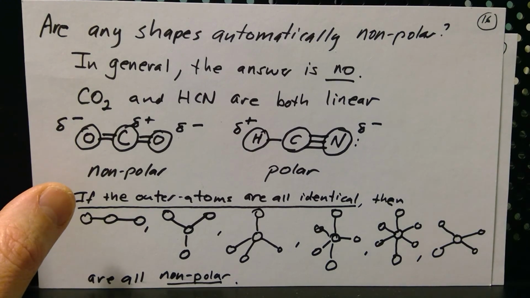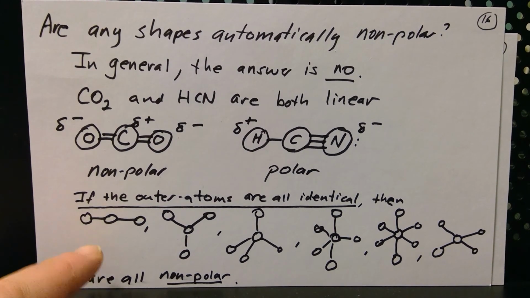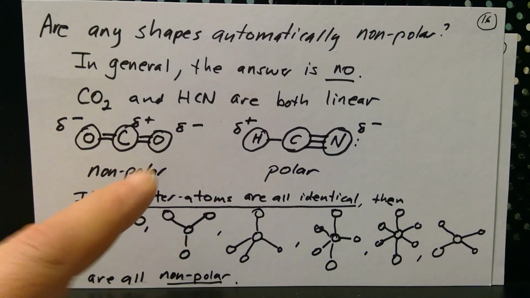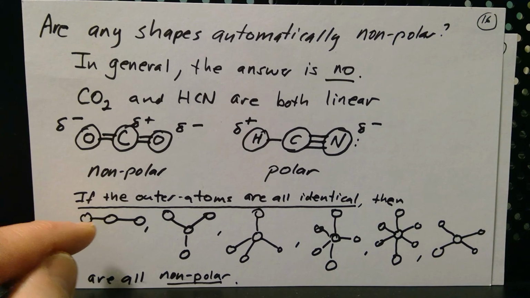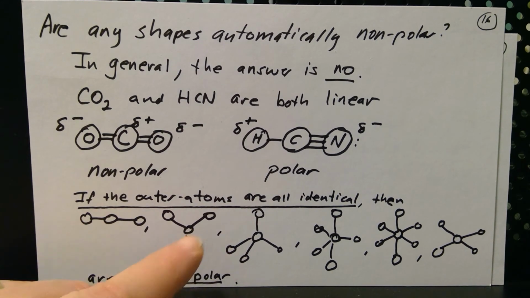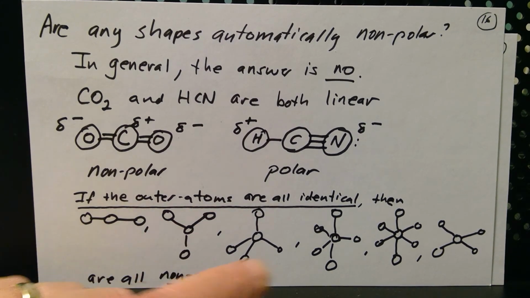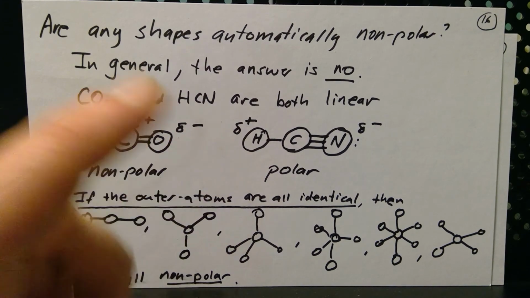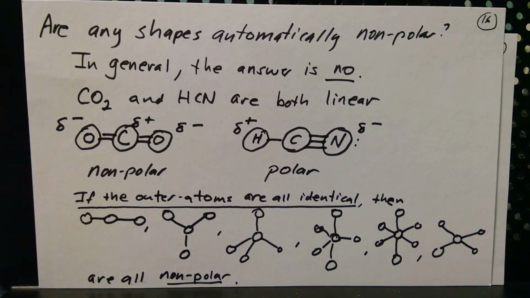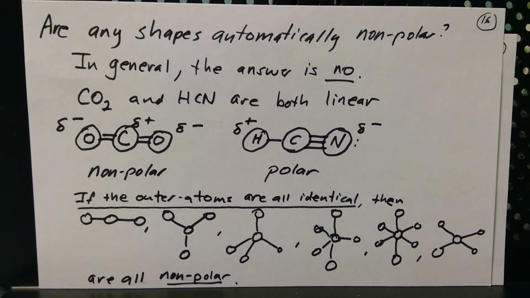Now, if all the outer atoms are identical, like in carbon dioxide, then shapes like the line, the Y shape, the tetrahedral, the trigonal bipyramid, the octahedral, and the square or X shape, whatever you want to call it, would end up being nonpolar only if all the atoms around that central atom are the same.